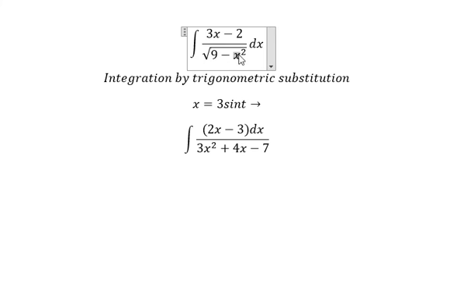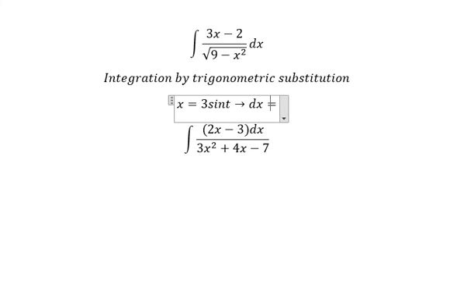Number 9 and number 9, we can do factorization. 1 minus sine t square, we change for cosine t square, and later that we simplify the square root, and the next one we simplify the s in here. So if we do the first derivative for both sides, you get ds equal to 3 cosine t dt.